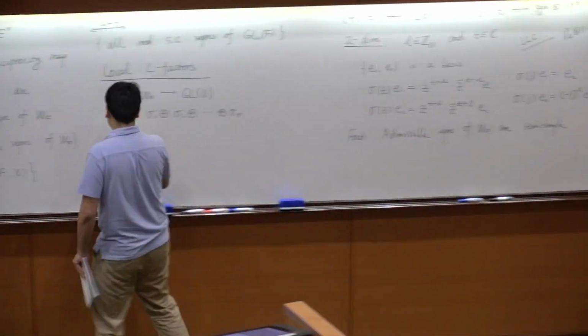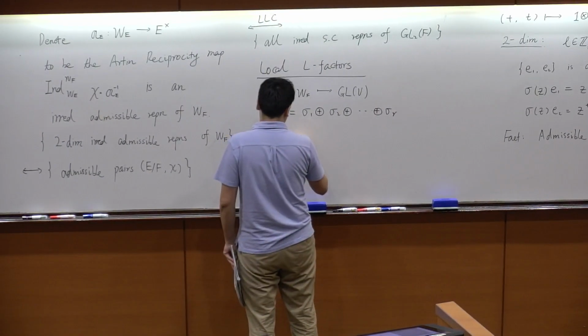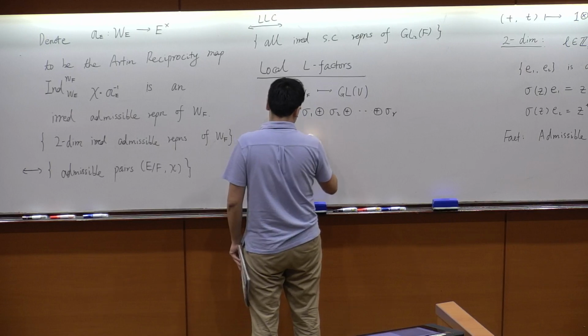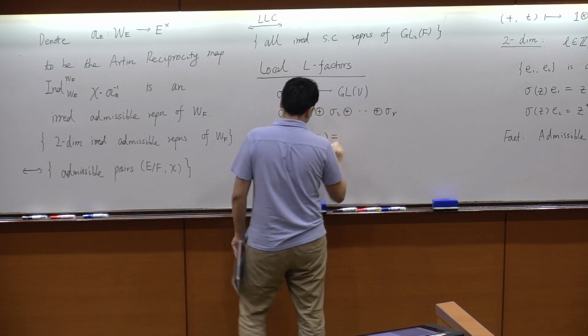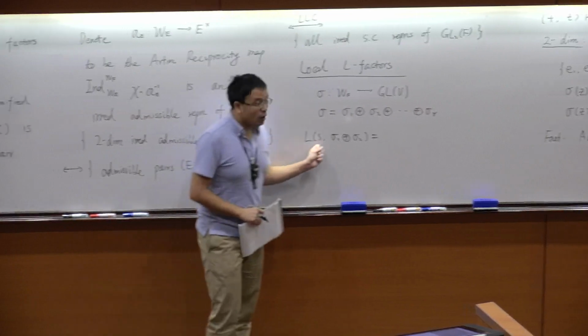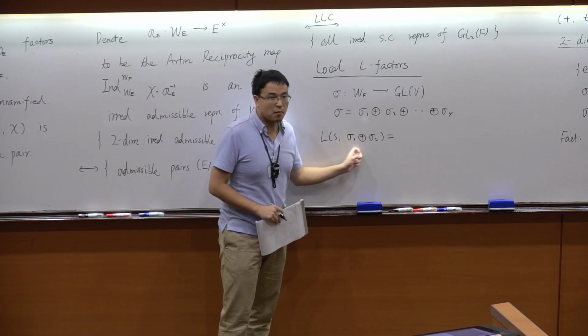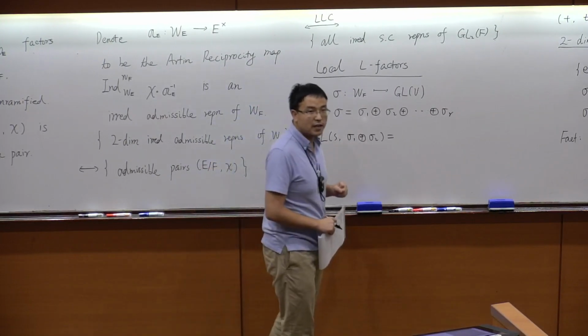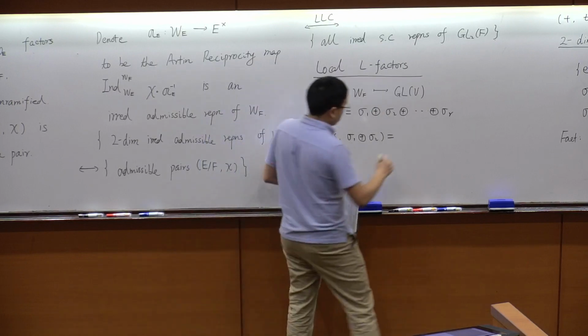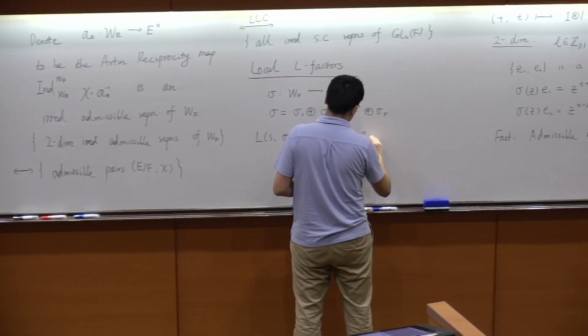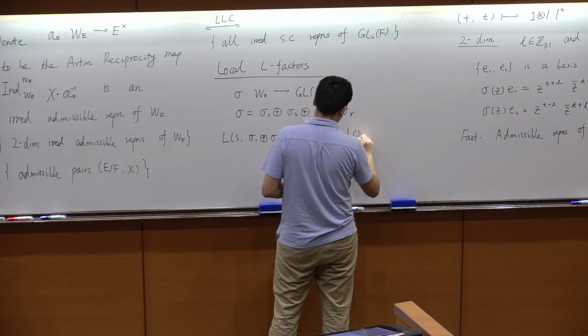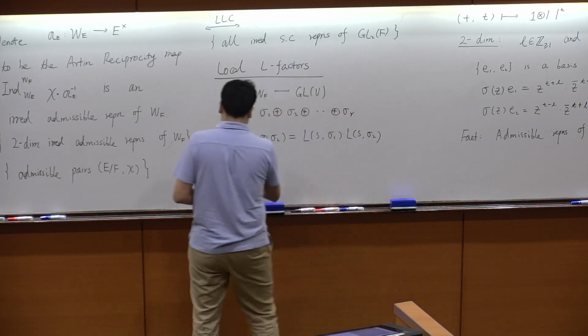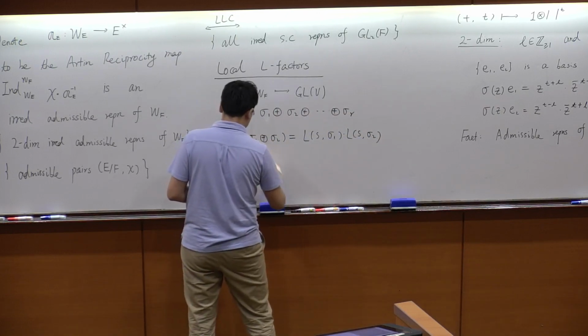Which means for the L factors of this direct sum of two Weil representations, this is the product of the two L factors. And same for the epsilon factor.